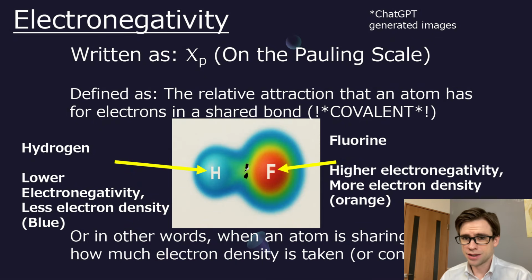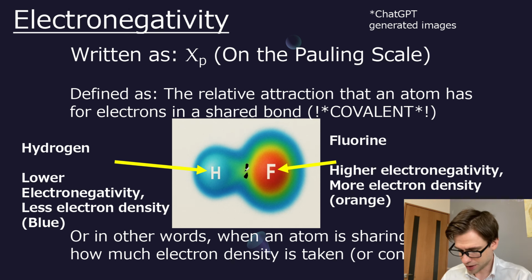So we can say in this case, qualitatively, that fluorine has greater tendency to hold that electron, greater electronegativity. And we can compare these to other types of covalent bonds with other atoms and build a kind of scale, and then assign actual numbers and quantitative scaling to this property.